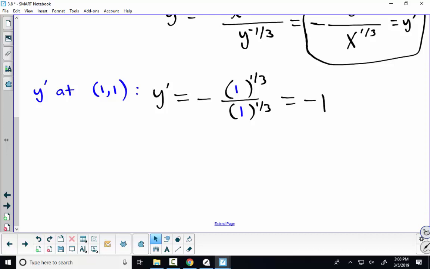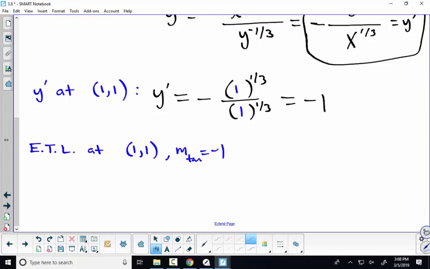So what is the equation of the tangent line at 1, 1? We've got everything we need. We've got the point, and the slope of the tangent line is negative 1. y minus 1 equals our slope, negative 1, times x minus 1.